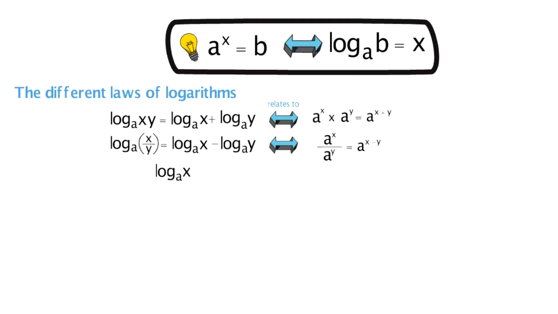The last one is that you have log base a x to the power of k. So that power is going to come in front. So you're going to have k log base a x.